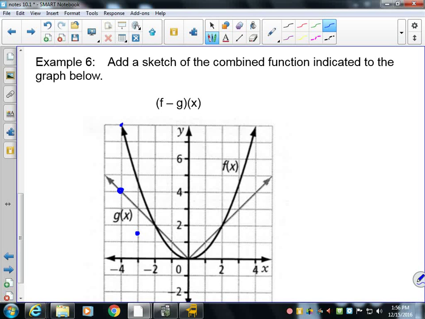And then here we have 2 minus 2, which is 0. And here we have 1 half minus 1, which will be negative a half, right? Here we have 0 and 0. 0 minus 0 is 0. Here we have 1 half minus 1, which is negative a half again. Here we have 2 minus 2 is 0. Here we have 4 and a half minus 3, which is 1 and a half again. And back up here, 8 minus 4 is 4.